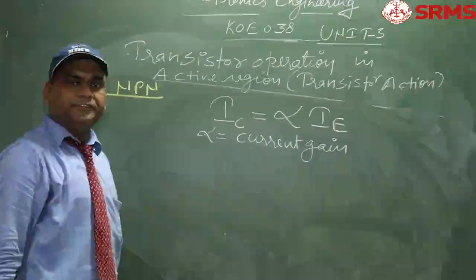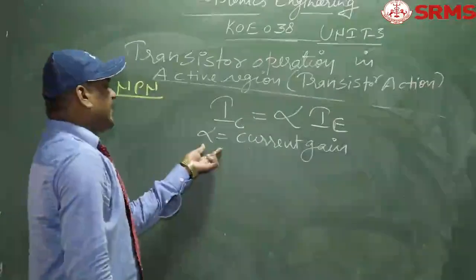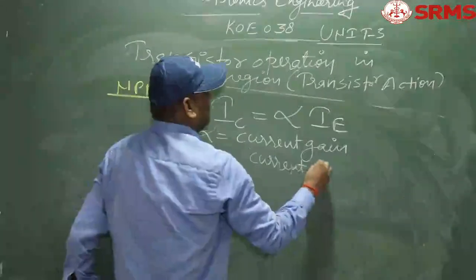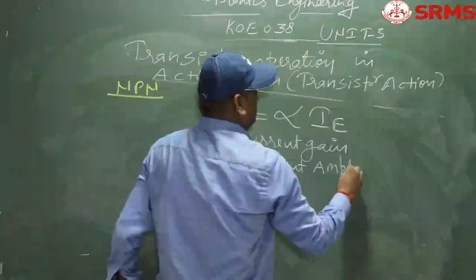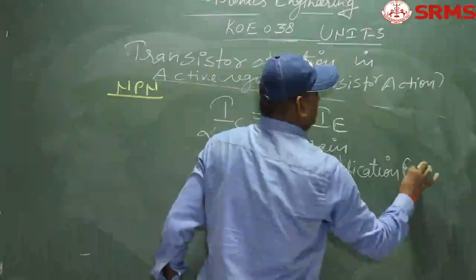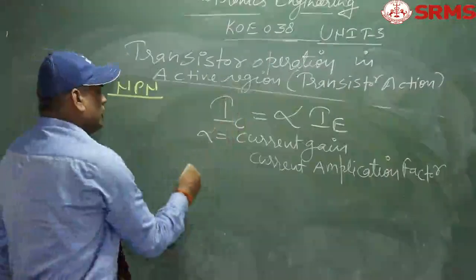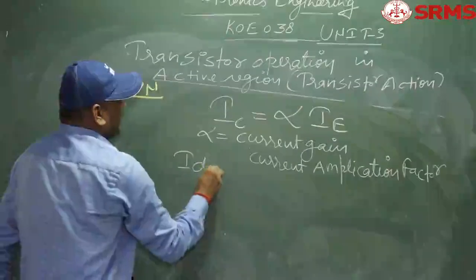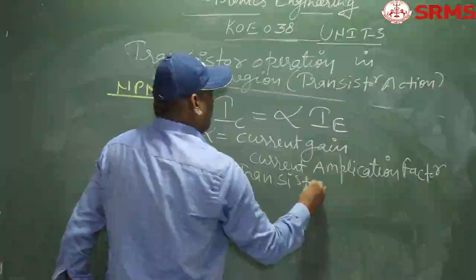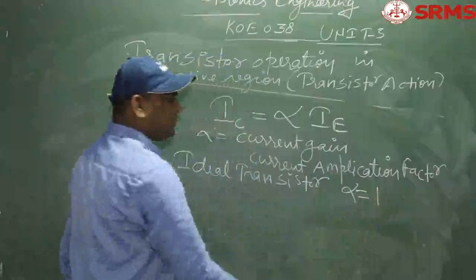where alpha is your current gain. It is constant for any given transistor. Or you can say alpha is defined as the current amplification factor. So if we consider an ideal transistor, in such a case alpha is equal to 1.